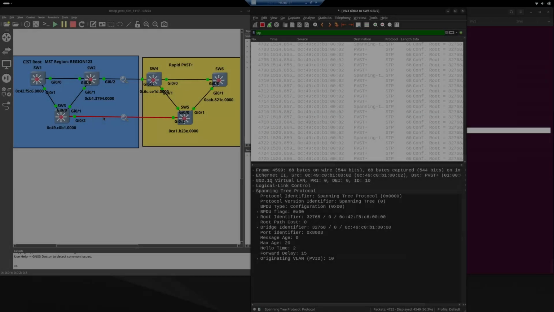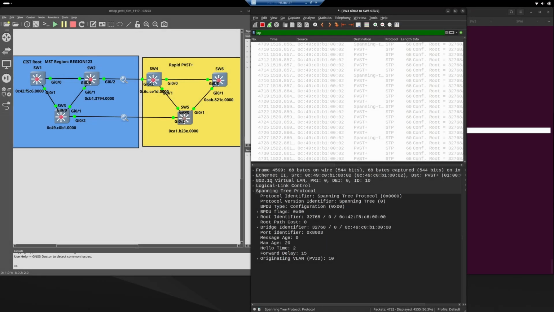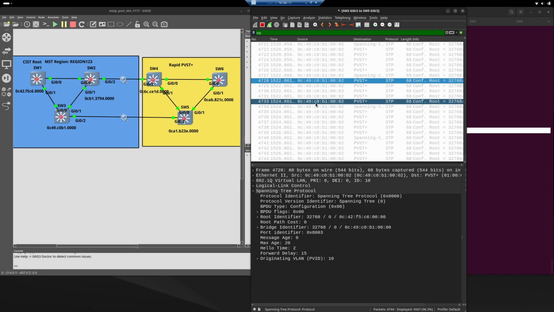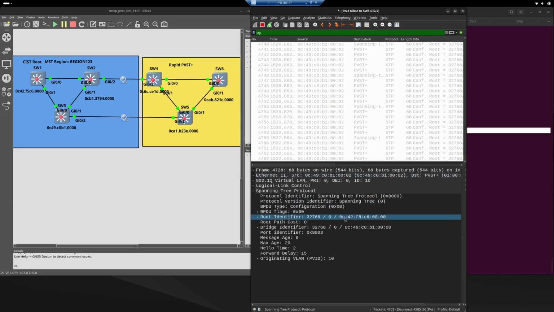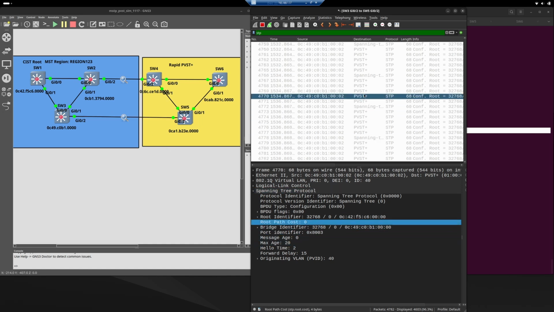Similarly, on this link between switch 3 and switch 5, switch 3 is advertising the same thing, bridge ID 0C42, which is switch 1, and the cost is 0 for every VLAN.